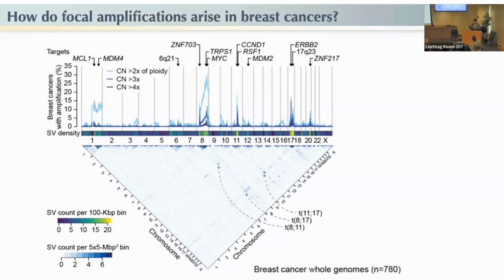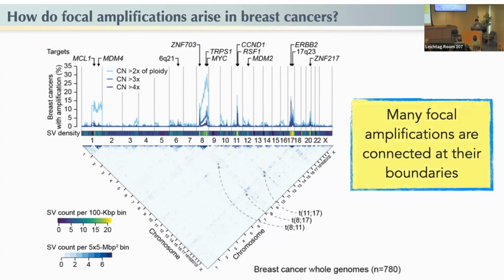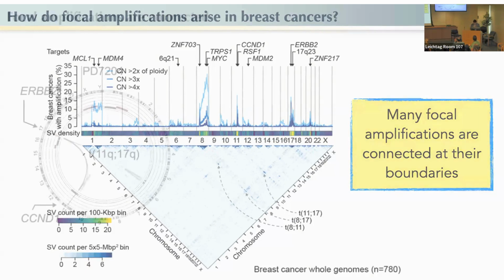I've always thought of these, especially when you were used to looking at array CGH data or cytogenetics data, you think of these as independent events. But when we look at these discordant reads in whole genome data, we see that they're connected, okay? And in particular, you see chromosomes 8 and 11, 8 and 17, 11, 17, those seem to be somehow related. And so that gave us a clue as to how they may arise, okay? The fact that the amplifications are connected at their boundaries.